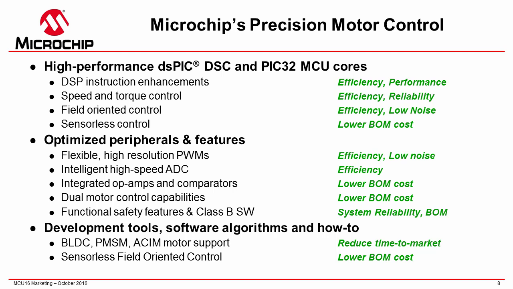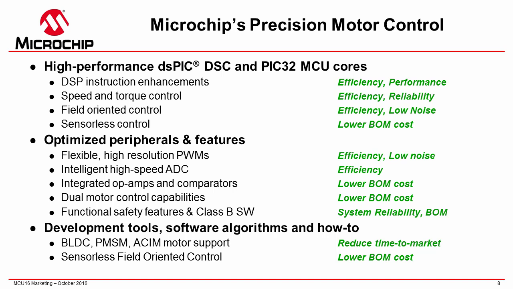We have a lot of optimized peripherals and features that support motor control applications. Very flexible and high-resolution PWMs, intelligent high-speed A to D converters that are coupled with the PWM modules, and integrated operational amplifiers and comparators for a high analog integration into a single device.